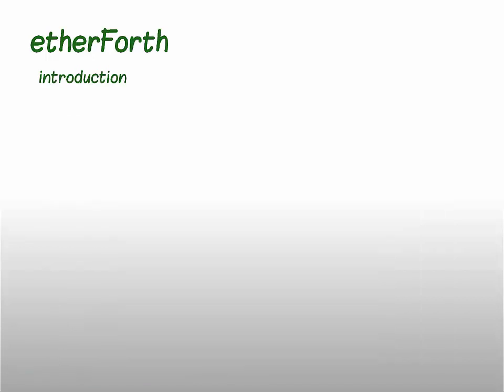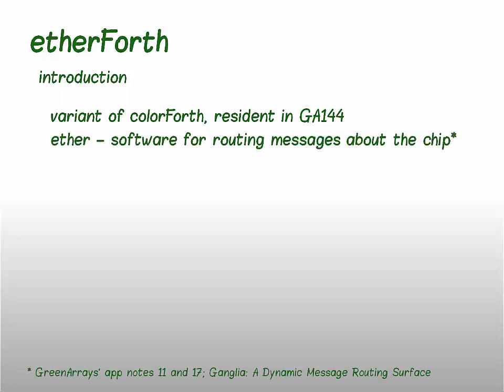So what is Etherforce? From Chuck's eval weblog, we learned that Etherforce is a variant of ColorForth that resides on Green Arrays' multi-computer chips. The ether is then a term for software in every computer's RAM that routes messages about the chip. It is actually similar to Green Arrays' ganglia. As with ColorForth, tags are used to identify pre-parsed words in source code.